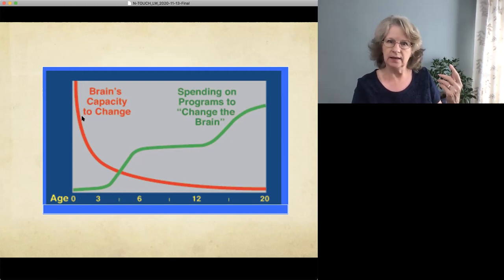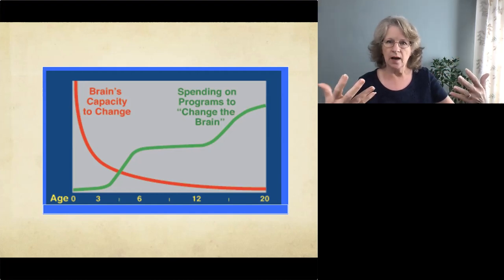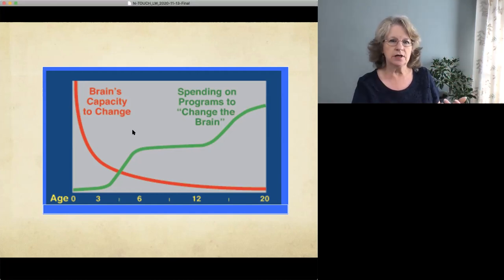And yet in most of our communities, the public spending doesn't really start until the child is around 3, 4. We have voluntary 4-year-old preschool programs, VPK, public kindergarten, public school, and then we get into high school and we start getting into some job training kinds of things or post-secondary ways to try to remediate.